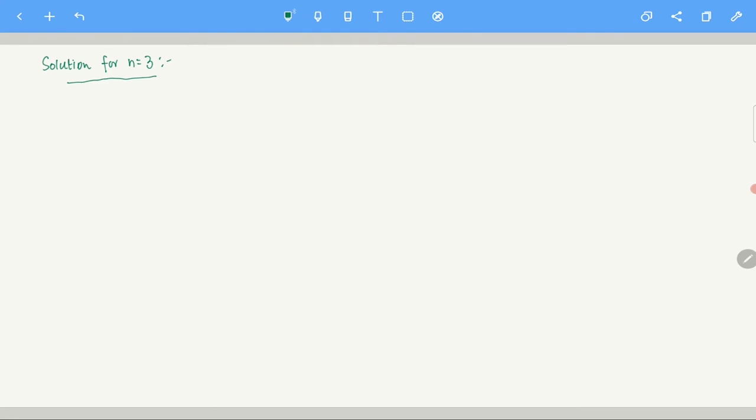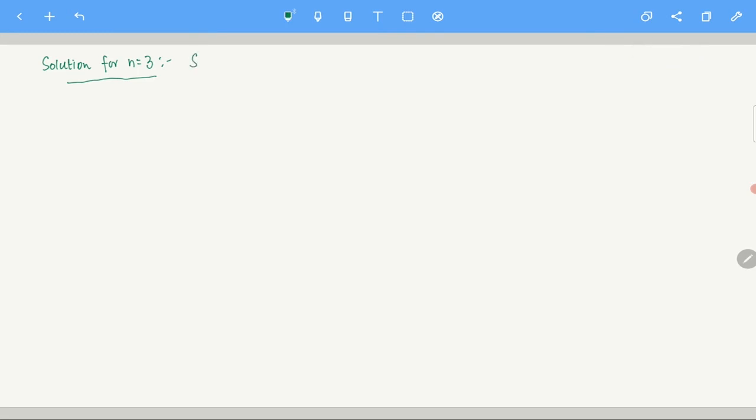So first I will do it for n equals to 3, then for n equals to 2, and then again for a general n. Clear? For n equals to 3, this is called Kirchhoff's formula. I will specify it later. So basically I am doing n equals to 3.